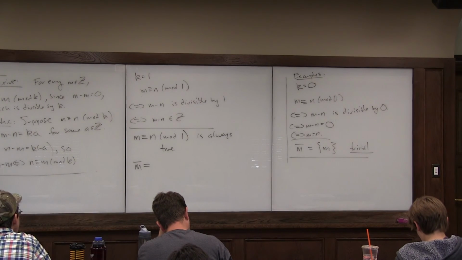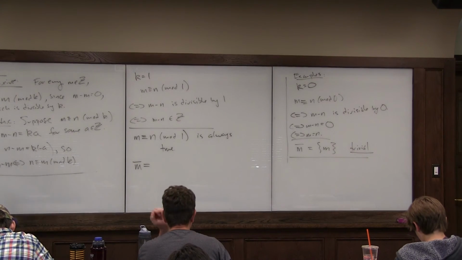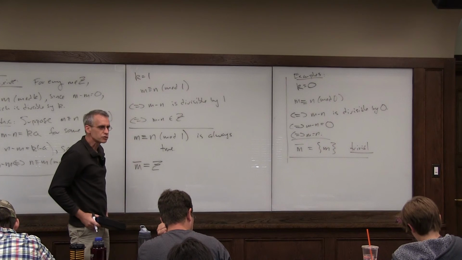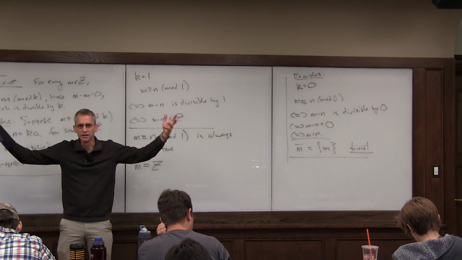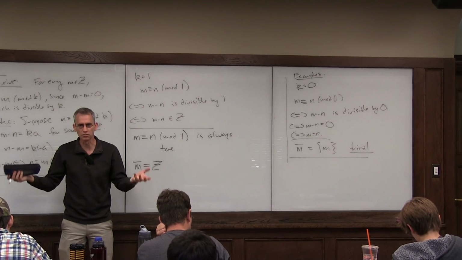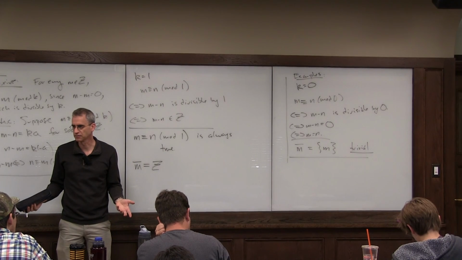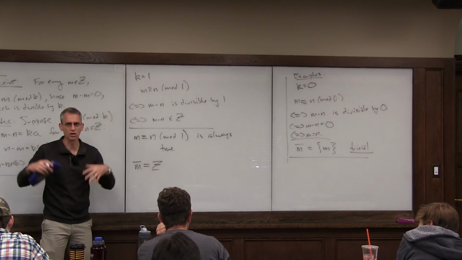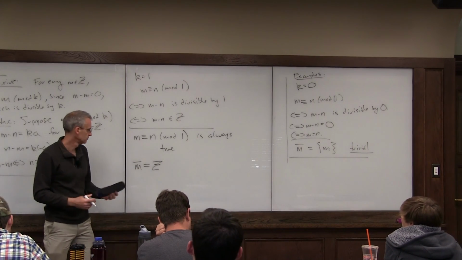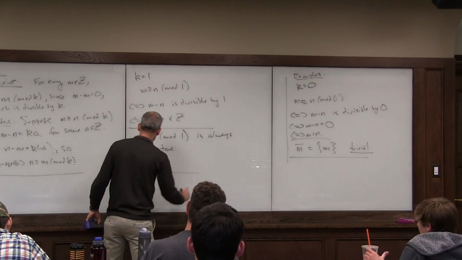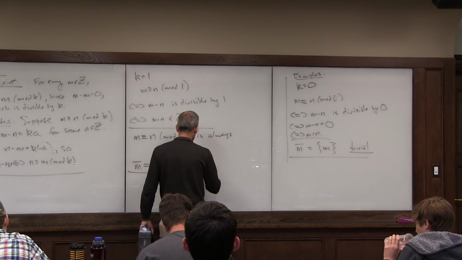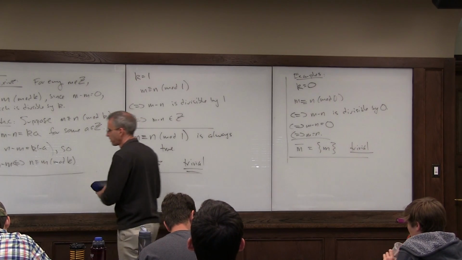If I pick up any m, what is m bar? Z. So this is the other trivial one where the entire set is one single equivalence class. Because everything is equivalent to everything else, it all gets lumped together. This is also one of our two trivial ones.